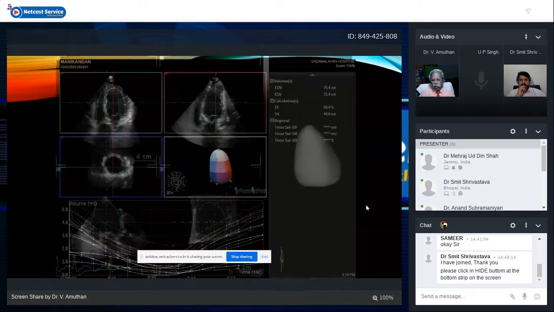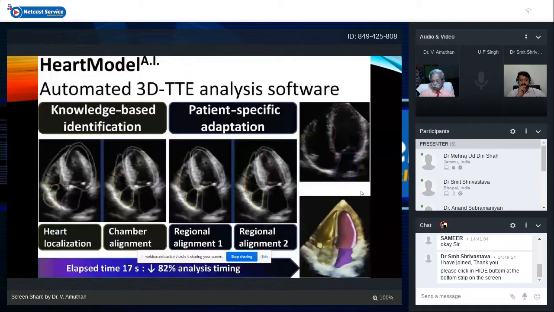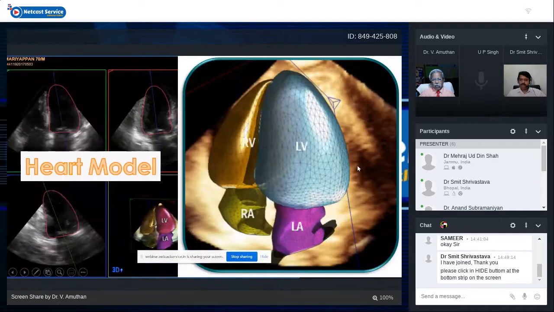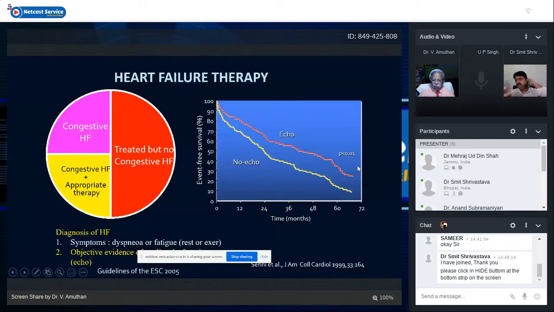This is by Philips. We used to do this in the IE33, the old machine, and now they have the heart model, which is based on artificial intelligence. So heart failure therapy is based mainly on echocardiography.